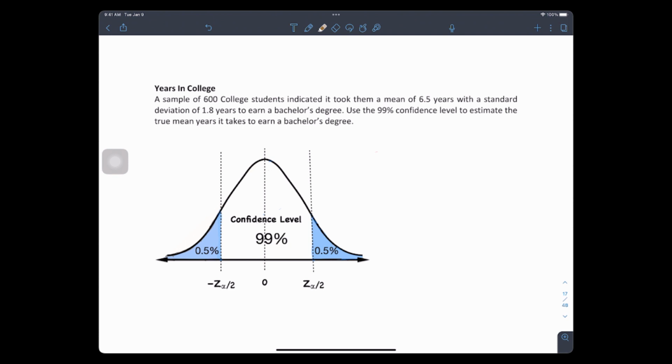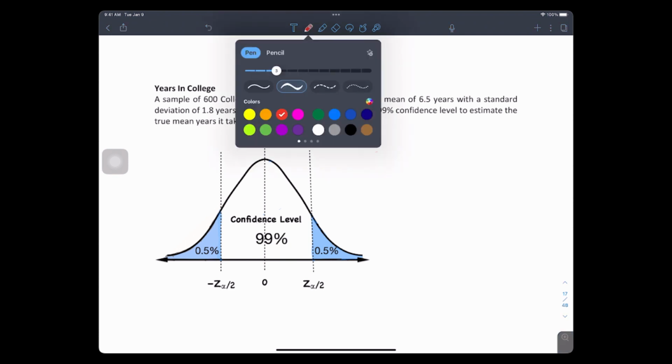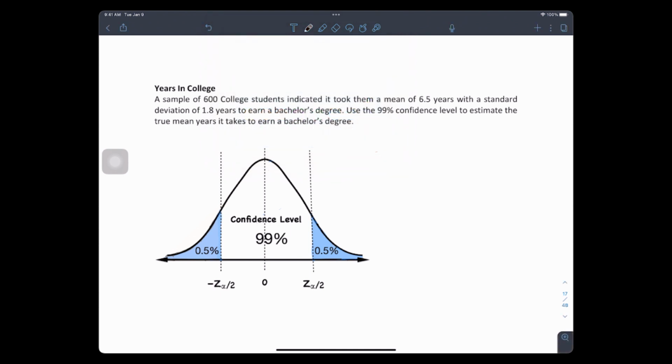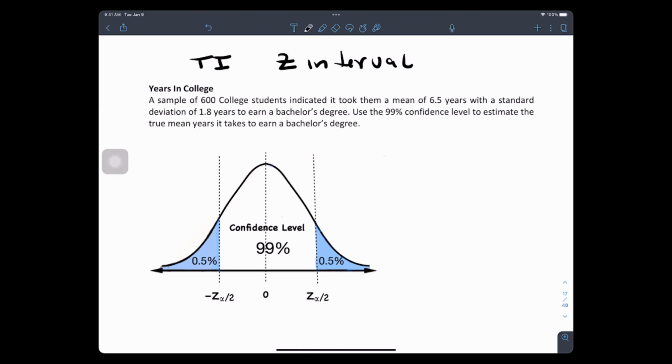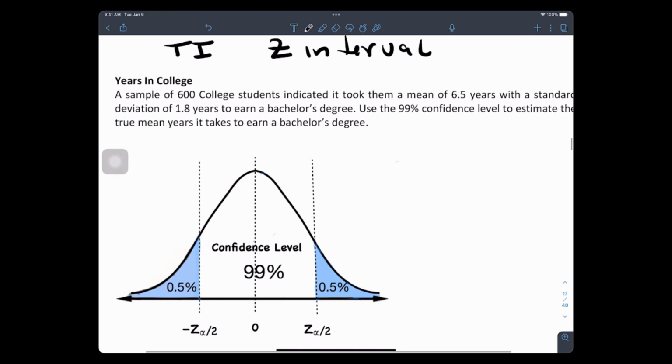Okay? Now, I'm going to tell you guys what you use. And it's going to be very simple. In the TI, Z interval. We're going to see this now. But we're going to have to go through this question. We've got to read it. So what do they say?